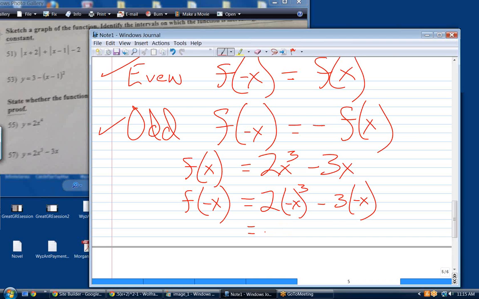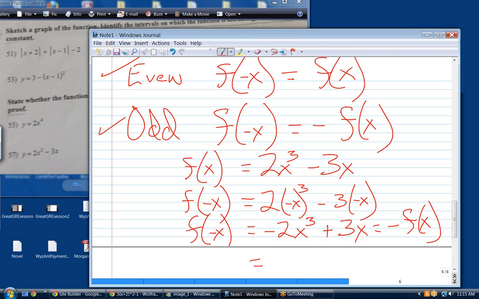So it would be minus 2x cubed plus 3x. Now that's what f of minus x is equal to. Is that the same as f of x? No. Might it be the same as negative f of x, which would make it odd? Yeah, because if I factor out this negative sign, I'm left with 2x cubed minus 3x. So it's exactly negative f of x.